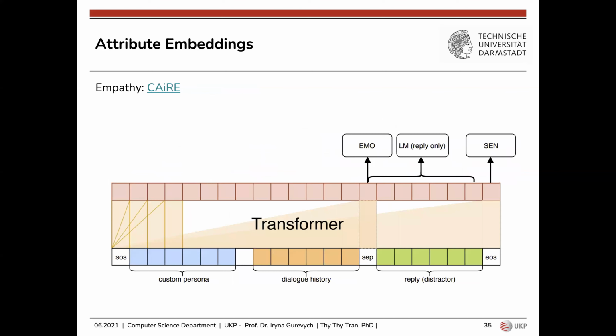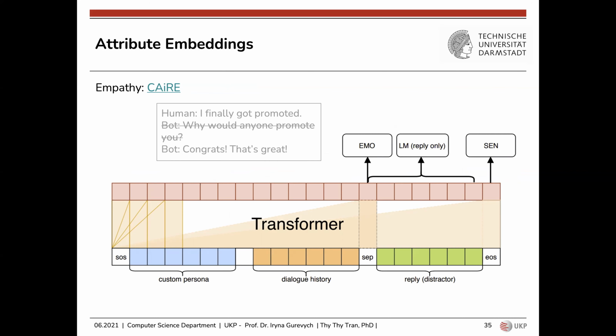Here is another example of attribute embeddings for building an empathic conversational agent. An empathic conversational agent is expected to understand the feeling of the human partner and reply accordingly.